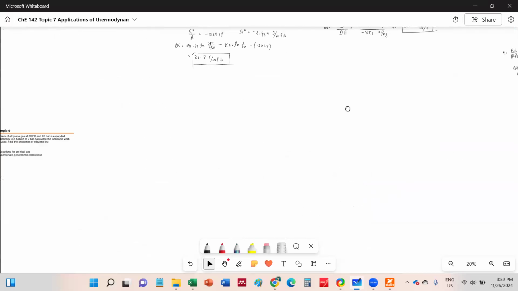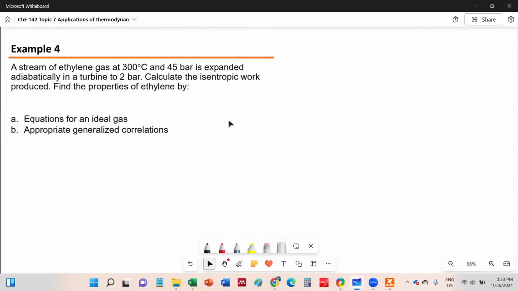Now we move on to example 4. A stream of ethylene gas at 300 degrees Celsius and 45 bars is expanded adiabatically in a turbine to 2 bars. So this is still an expansion process.